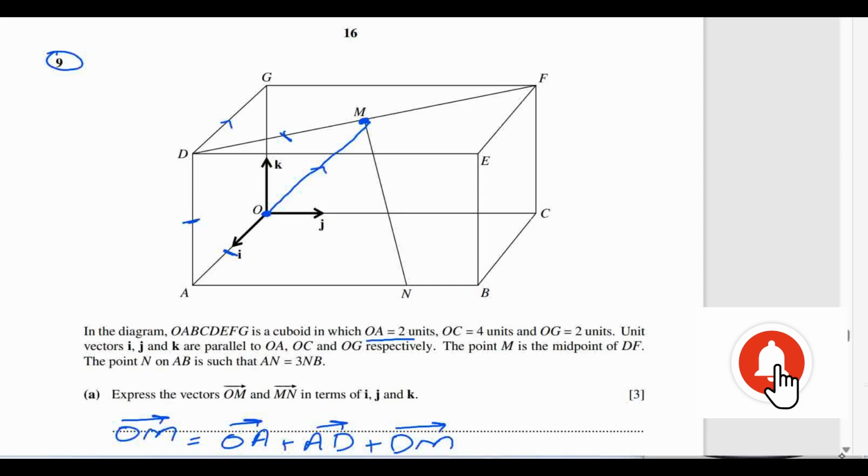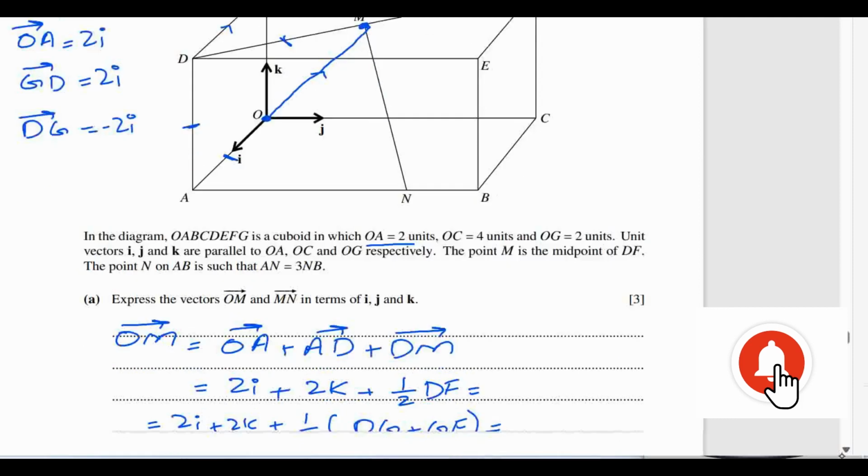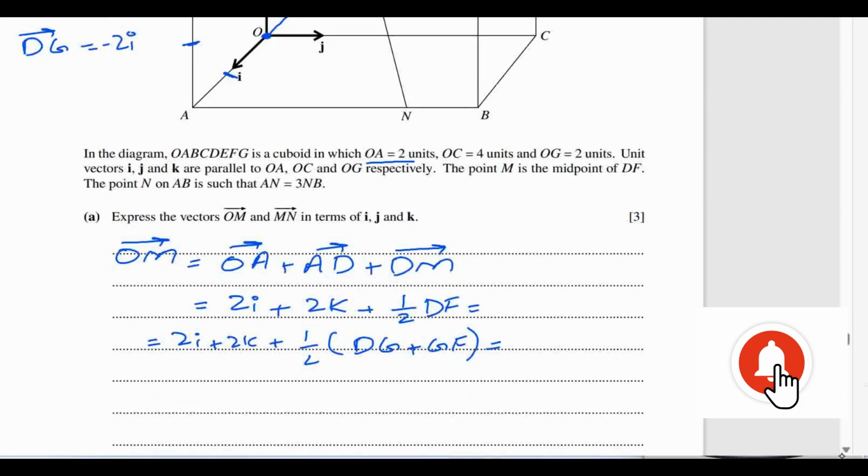If OA is 2I, then GD would be 2I, but here we need DG, so DG will be equal to negative 2I. You have to be very careful about the directions you have. So DG is equal to minus 2I, and what about GF?